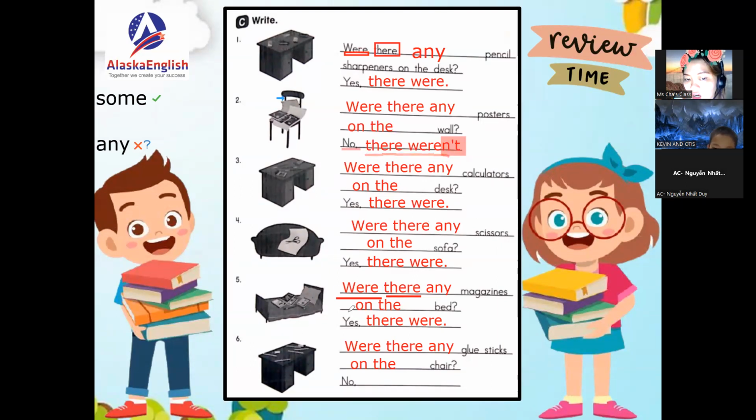No, there. Here, you just copied this one already. I keep on circling this one. How do you read that, Otis? Can you read it for me? How do you read that answer, please? No, there.